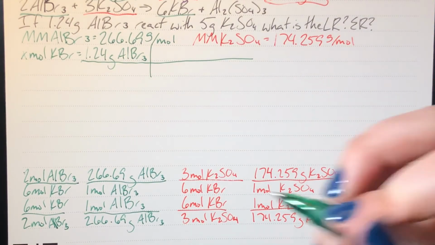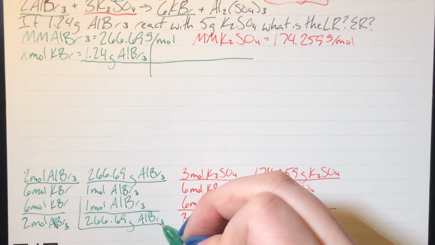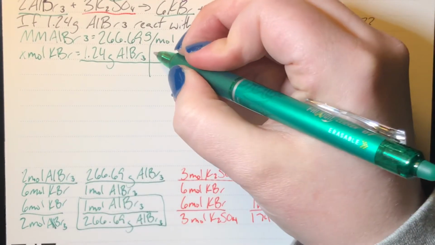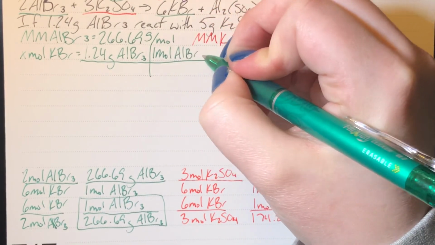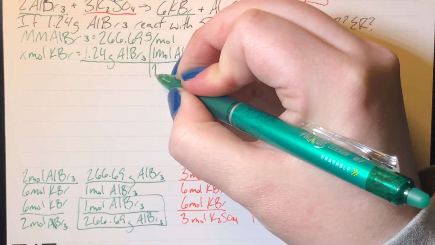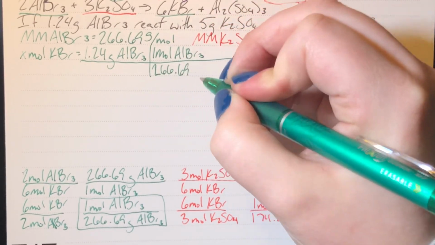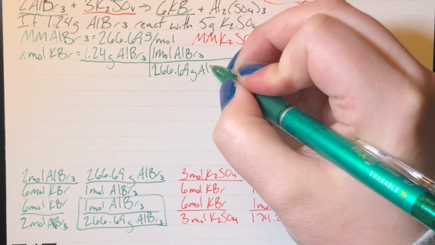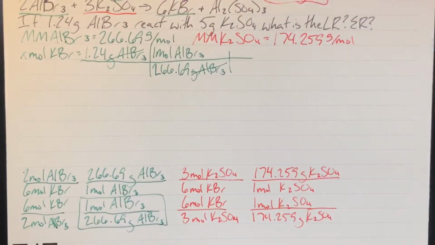I need to get out of grams, which means I'm going to look at a molar mass of aluminum bromide, and I will select the one that has grams on the bottom. And I will plug it in. Grams aluminum bromide, grams aluminum bromide.